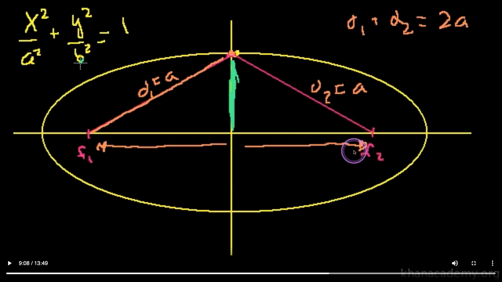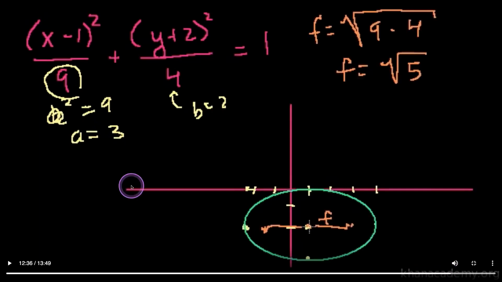Well, you use the Pythagorean theorem, which is the square root of a squared minus b squared. This green line has the length of b. So for now, you should probably understand where f equal to the square root of 9 minus 4 comes from. It comes from the previous application of the Pythagorean theorem.